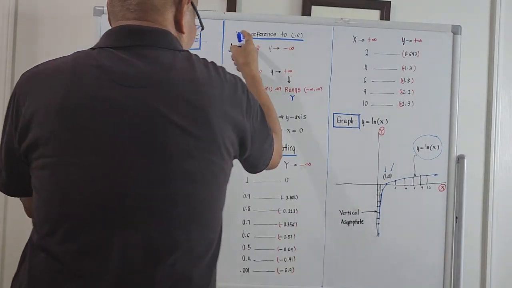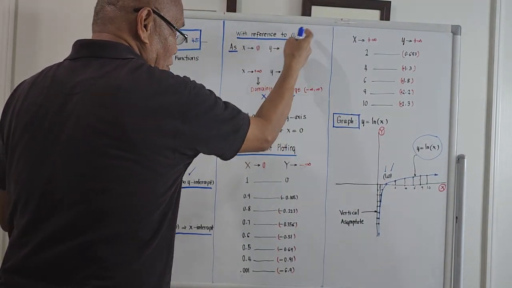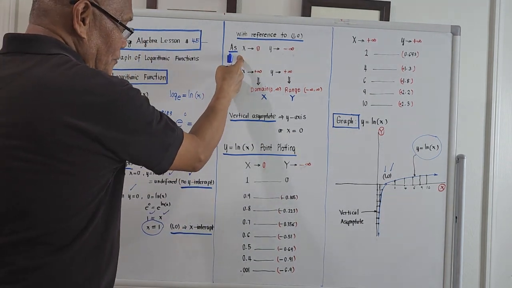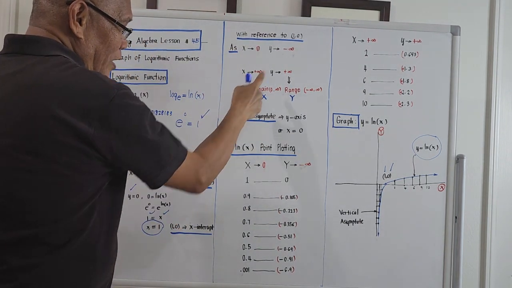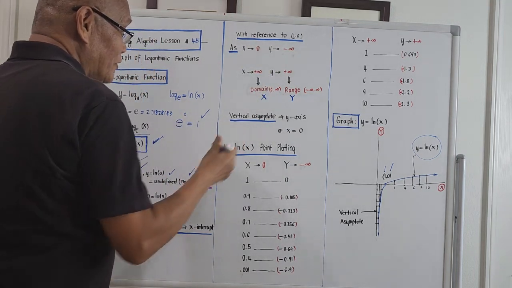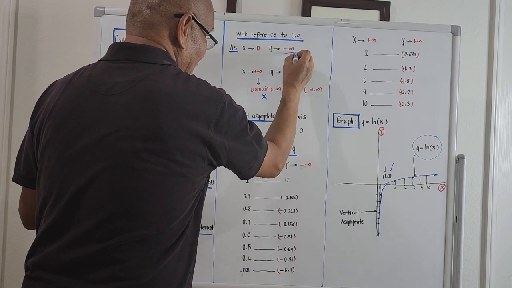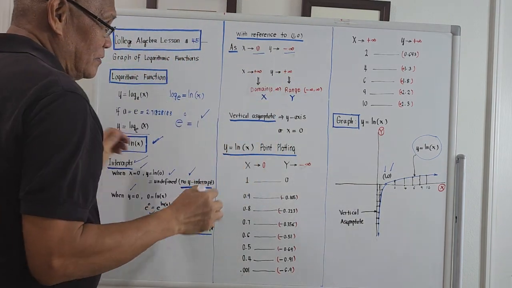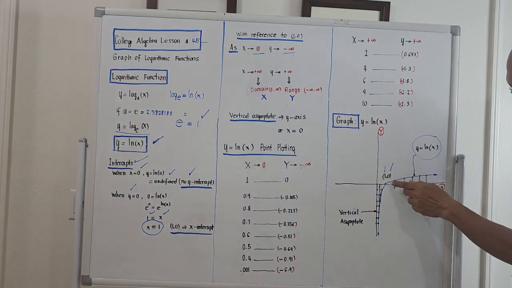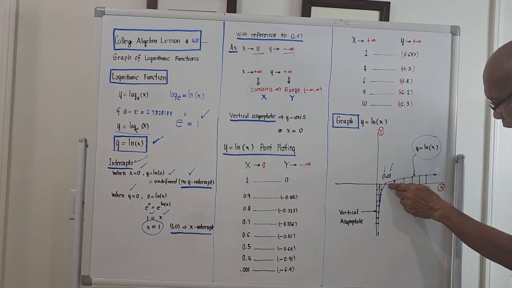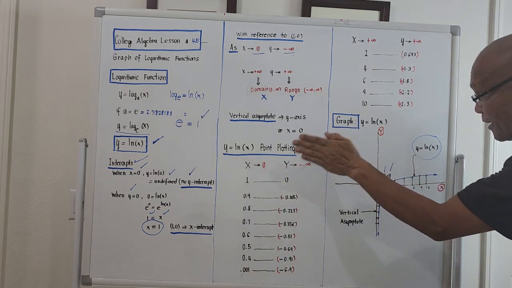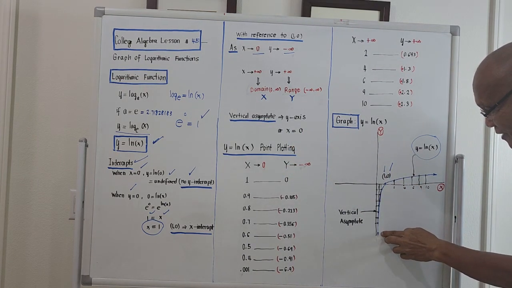So with reference to the location 1 and 0, which is actually the x-intercept, as x approaches 0, y will approach negative infinity. As the point moves from 1 going to 0, the value of y decreases.